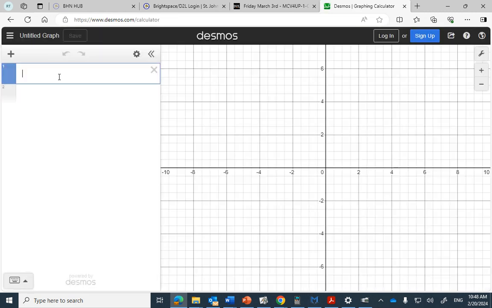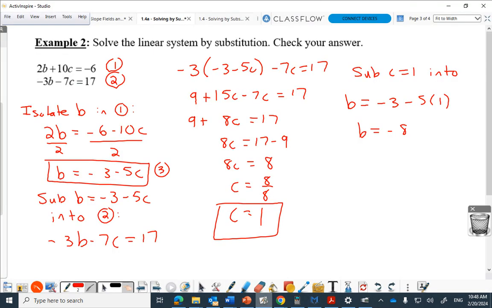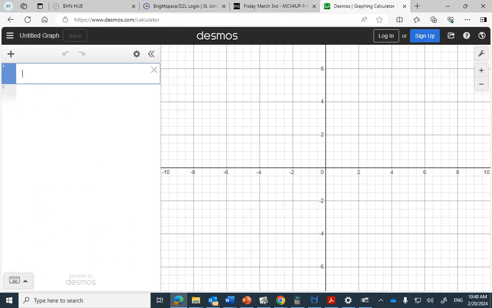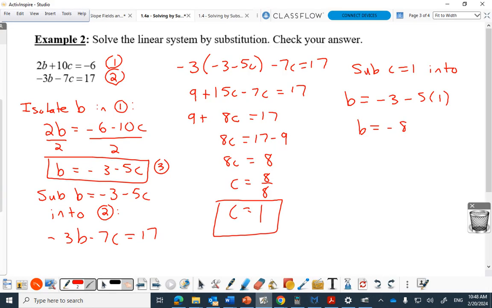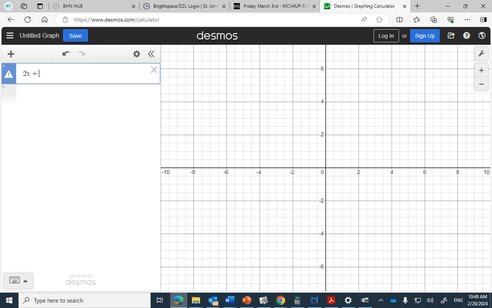First equation was 2b plus 10c equals negative 6. Desmos doesn't like b's and c's. You're going to have to make it into x's and y's. So 2x plus 10y equals negative 6.